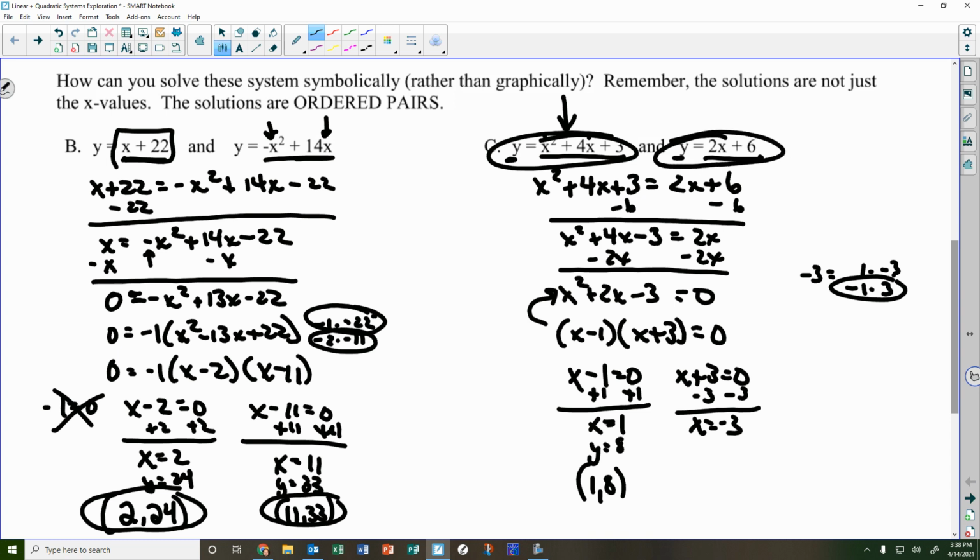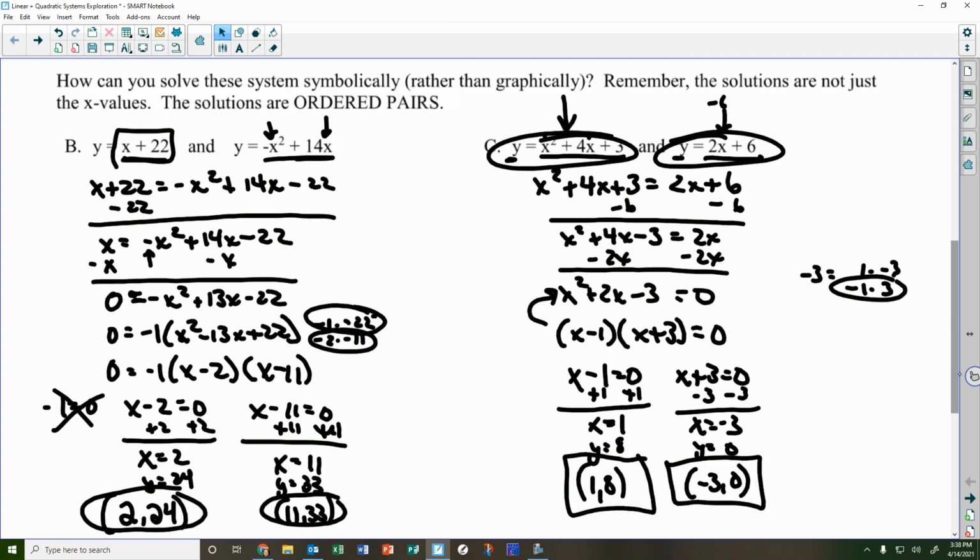This is your linear line. When I plug a -3 into here, well, 2 times -3 is -6, and -6 plus 6 is 0. So the coordinate for this one would be -3, 0. And these two are the solutions to this quadratic. Okay? So that's how you can do it symbolically.